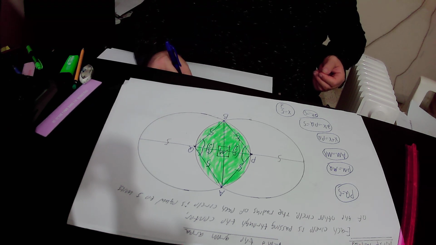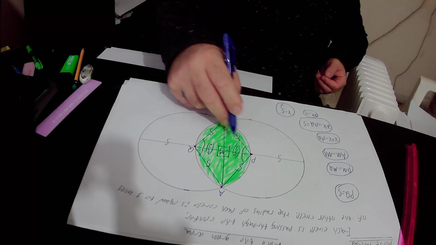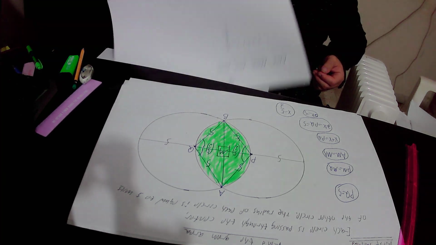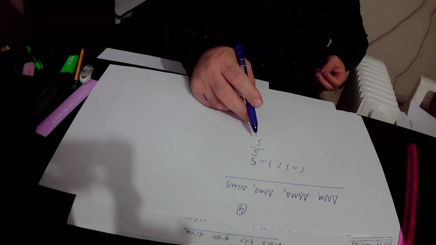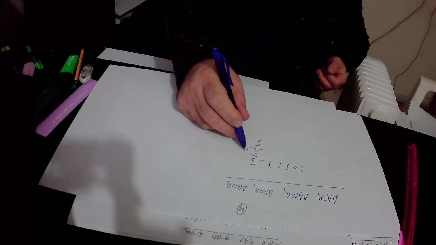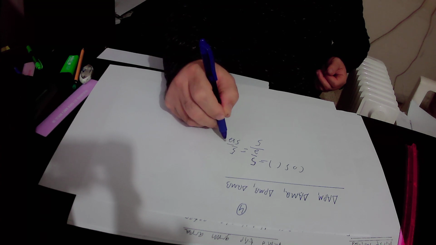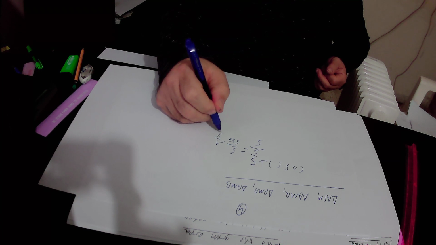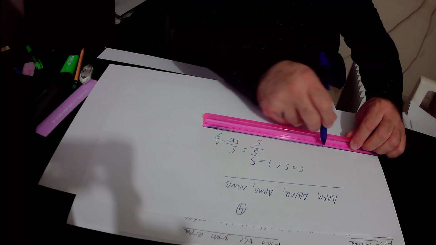So in all four triangles, the cosine of each angle that I marked equals 5 over 2 over 5. 5 over 2 over 5 is 5 over 5 times 2, and 5 over 5 is 1, so it is 1 over 2.